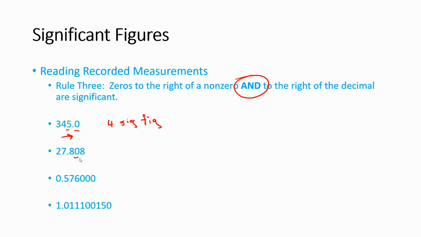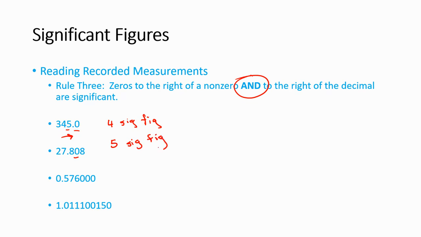This zero qualifies in 2 different rules. It's a trapped zero, so we automatically know that it is significant. But that zero also is to the right of the decimal and to the right of a non-zero. It would also make it significant in that case. And so this is 5 significant figures.